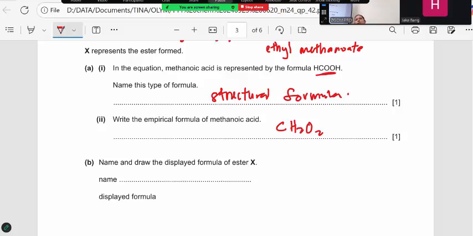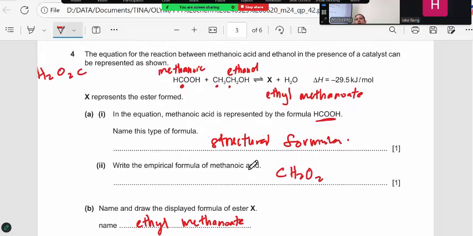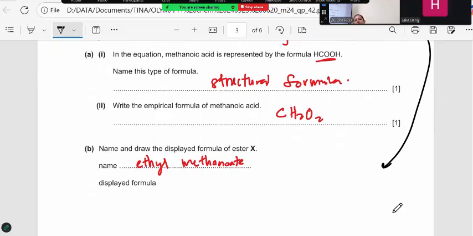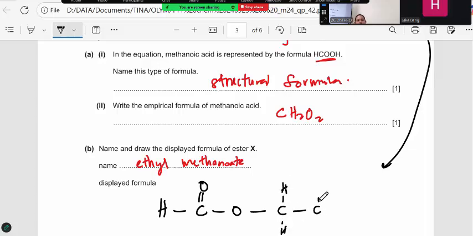Displayed formula is the one with the bonds. The name that we already said is ethyl methanoate. Do you remember how to draw? We take the acid first, HCOO, and then the alcohol, CH2CH3. Please draw this here: HCOOCH2CH3.